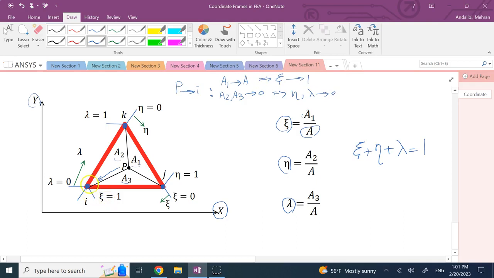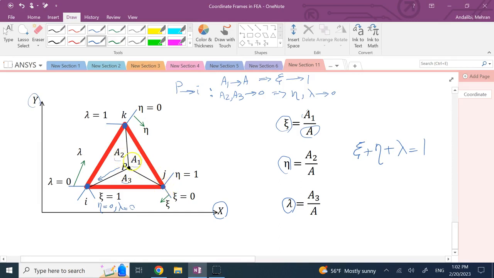So at node I, Kc is 1, eta is 0, and lambda is also 0.